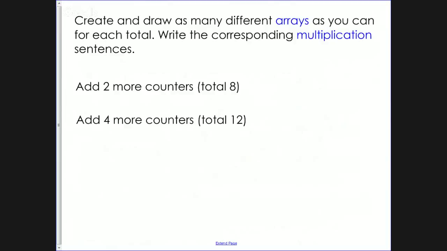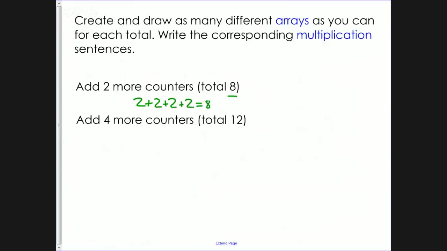And so now they're asking us to create and draw as many different arrays as you can for each total. Write the corresponding multiplication sentences. This is a different question now. They're asking us to have a total of 8, but we're going to add 2 counters each time to get to the total of 8. So 2 plus 2 is 4, plus 2 is 6, plus 2 is 8.